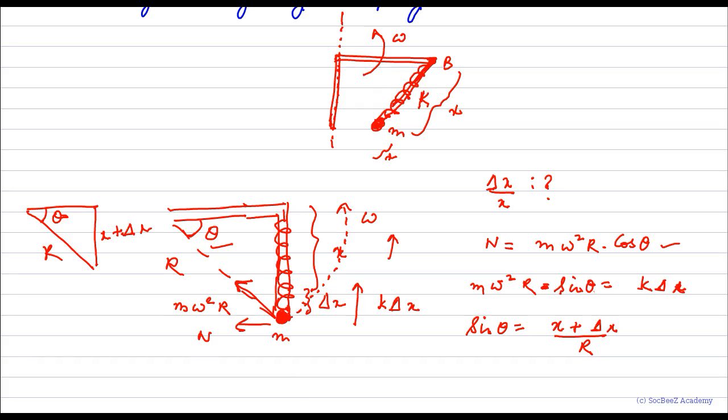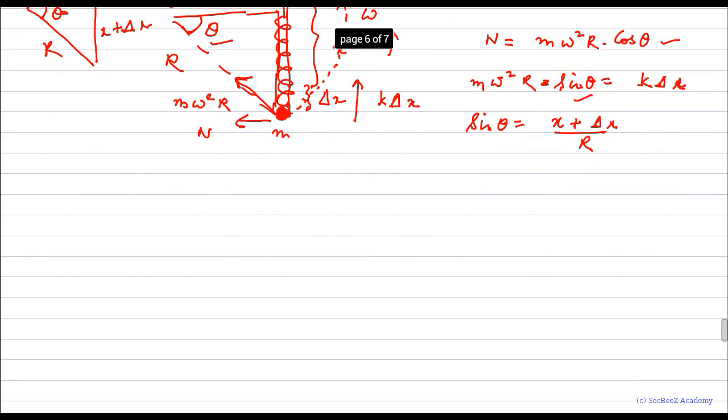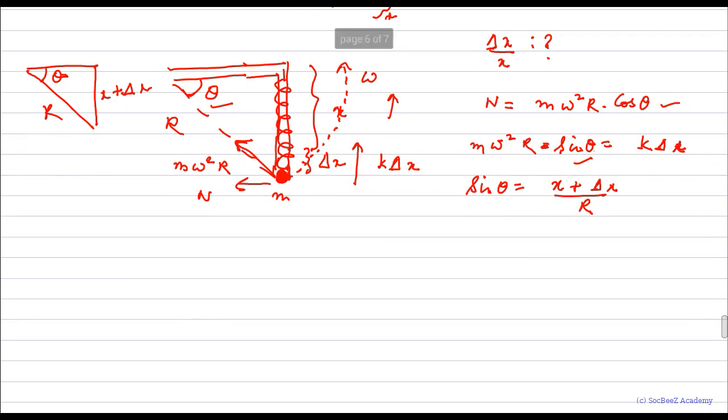So sine theta is equal to x plus delta x upon r. If I replace sine theta here, I'll get m into omega square into r into x plus delta x upon r equal to k into delta x.